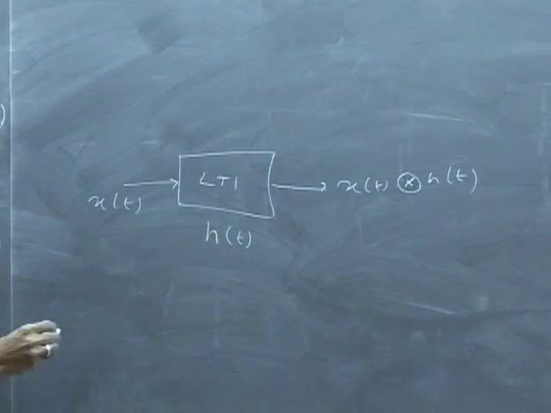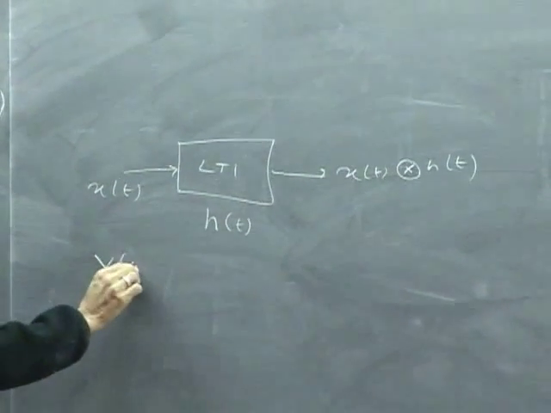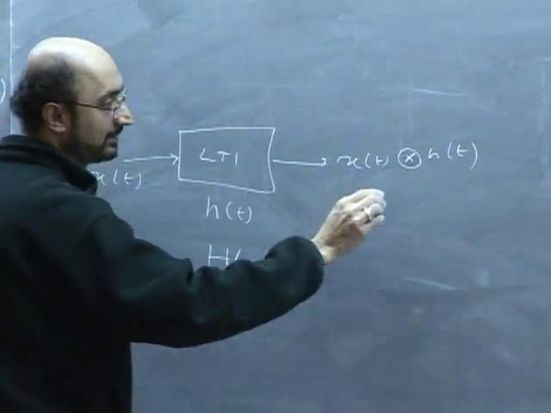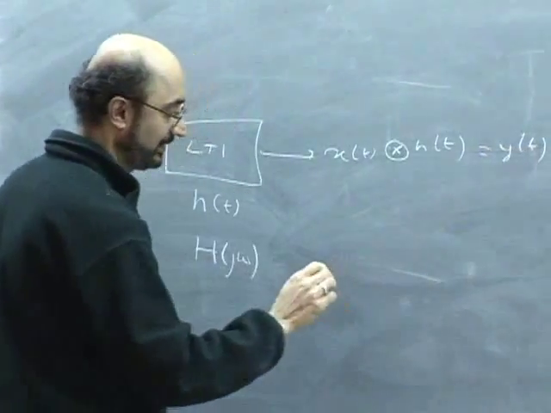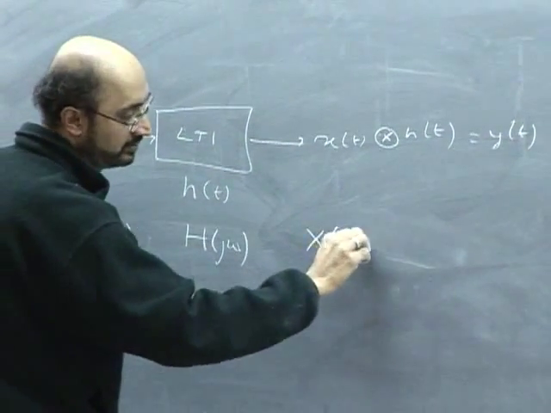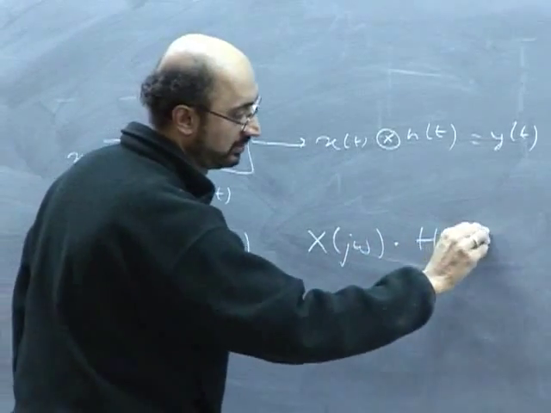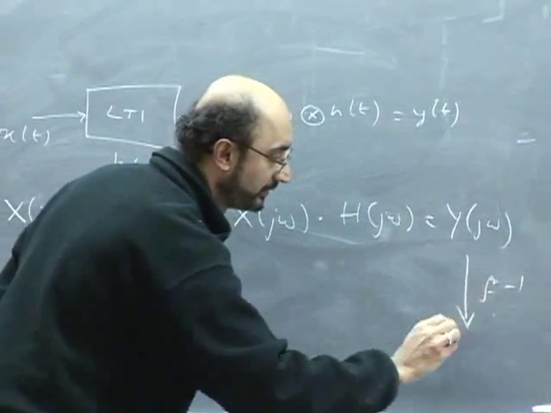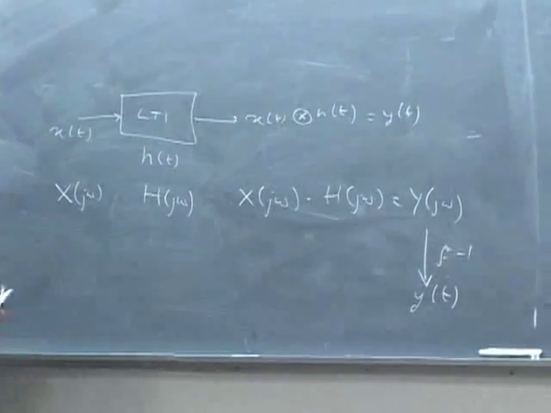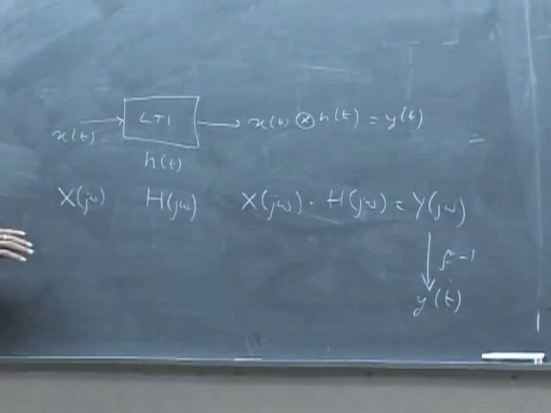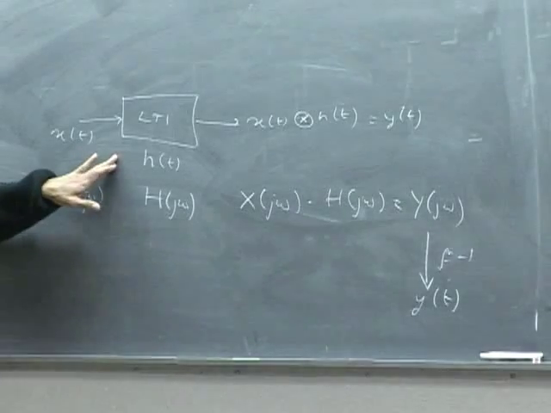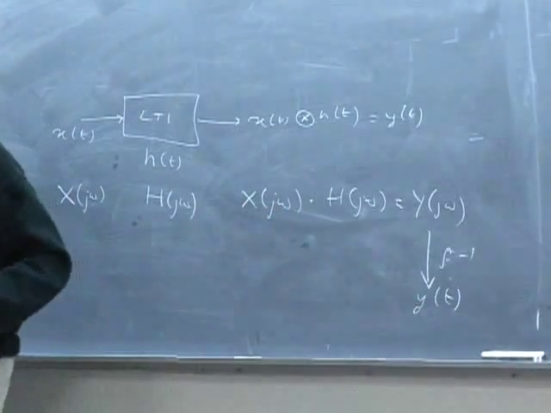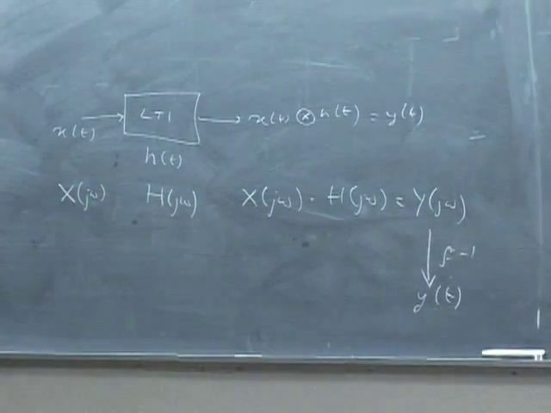Instead, I can compute the Fourier transform X of j omega and the Fourier transform of the system H of j omega, and X of j omega multiplied by H of j omega is going to be Y of j omega, and then I compute the inverse Fourier transform to get y of t. So the steps are basically: take the input, find its Fourier transform, find the impulse response, find its Fourier transform, multiply them, and take the inverse, and you're done. That makes it very, very straightforward to solve systems.